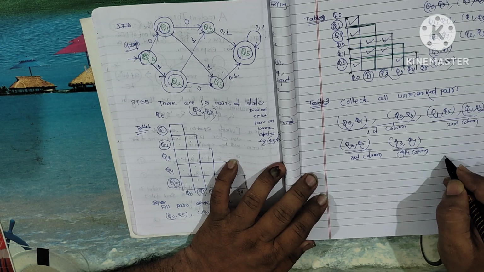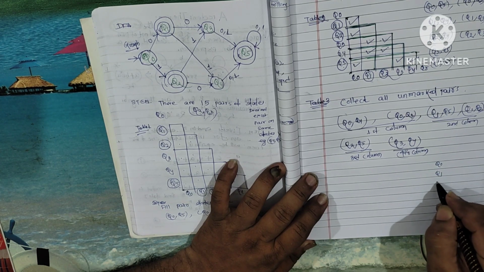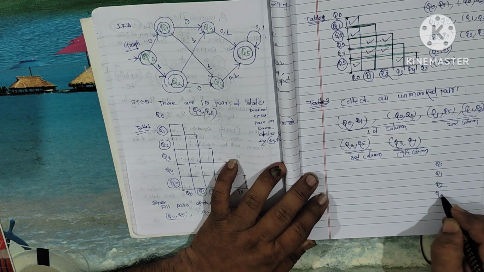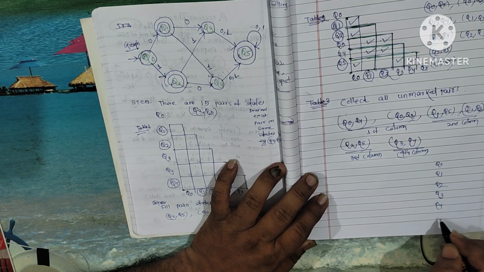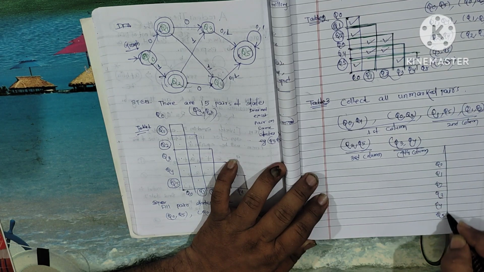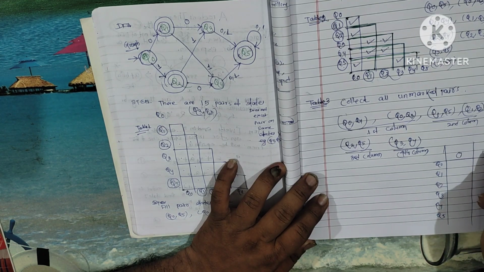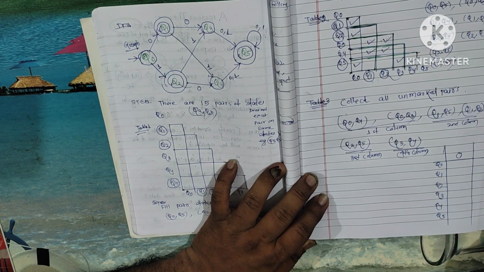I can write here in a small space Q0, Q1, Q2, Q3, Q4, Q5, on input 0, on input 1.